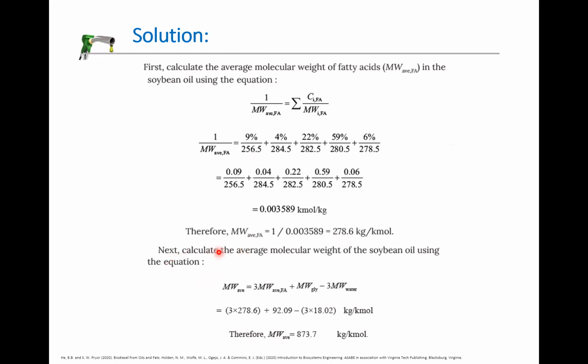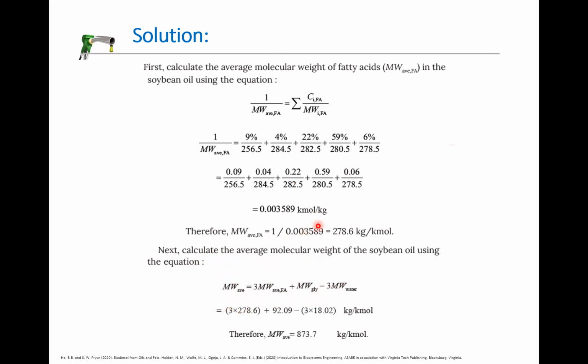To calculate the average molecular weight of soybean oil, we use this equation again, which came from the hydrolysis of the oil. It equals 3 times the average molecular weight of fatty acid, which we just calculated, plus the molecular weight of glycerol minus 3 times the molecular weight of water.